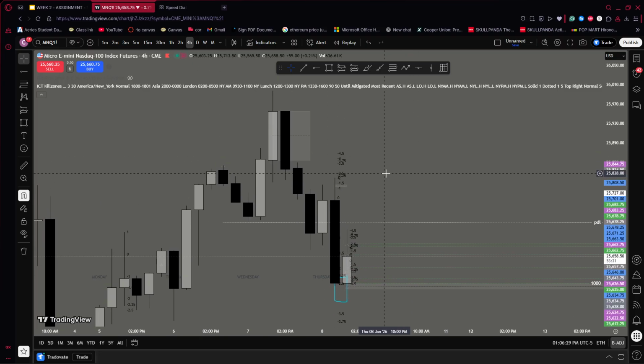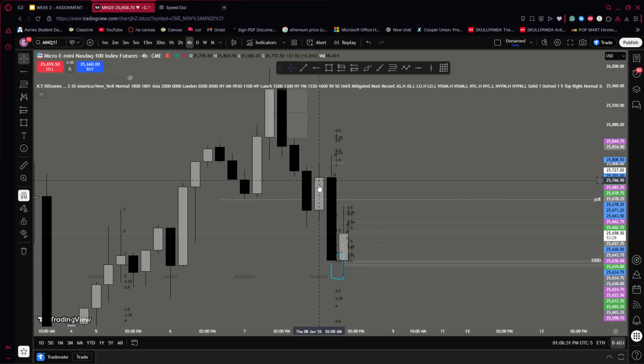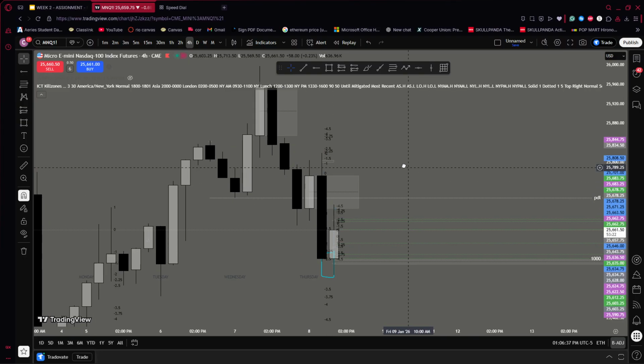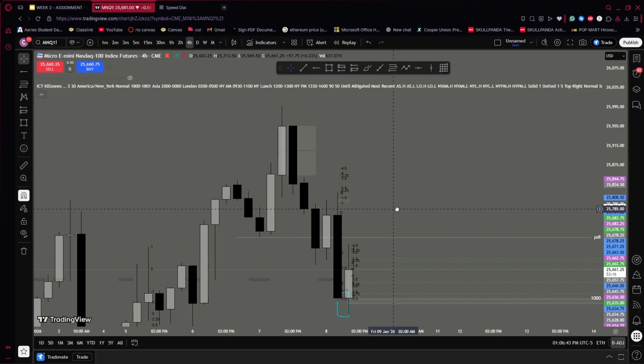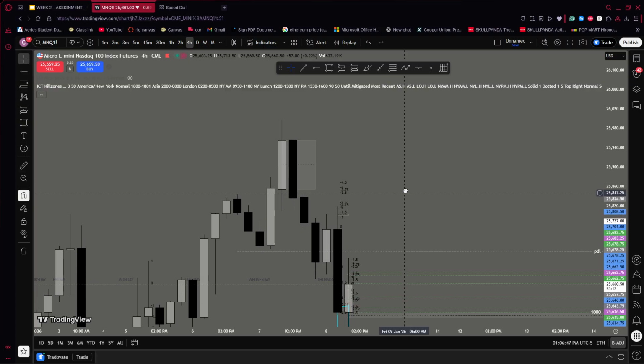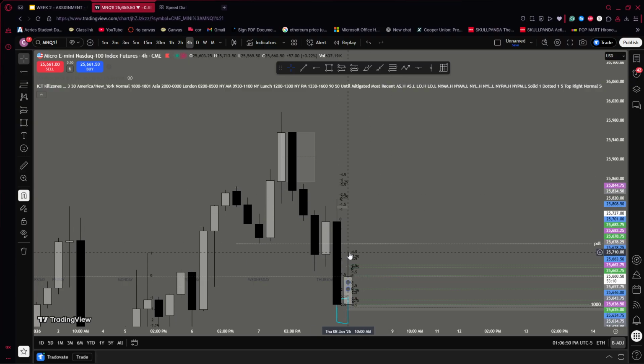Like right now, right here. This is a CISD right here. This candle, and then this engulfed it going into another direction, and we rejected off of it currently. And it doesn't always have to tap back into the CISD.